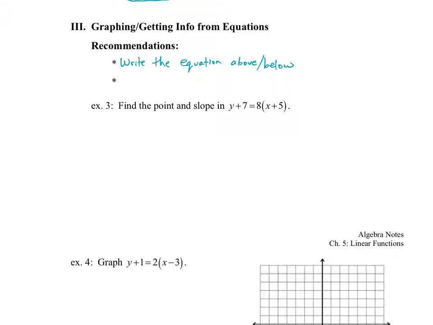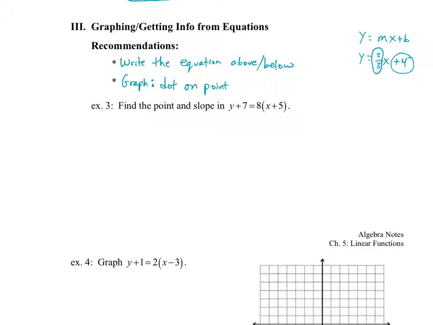The second thing, going back, and I wouldn't write this in your notes, but we did y equals mx plus b. So maybe like y equals 2/3 x plus 4. To graph that, we started here and said, okay, I'm going to put a dot on the y-intercept, and I'm going to use the slope to find more points. We can do that same sort of thing here, but instead, to graph, I'm going to do graph colon, put a dot on the point.